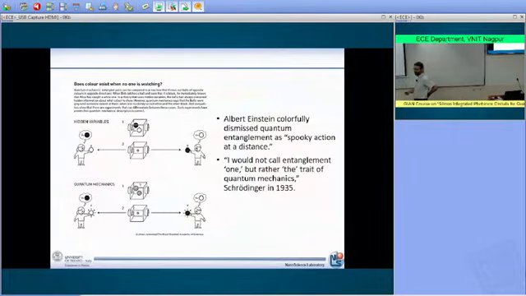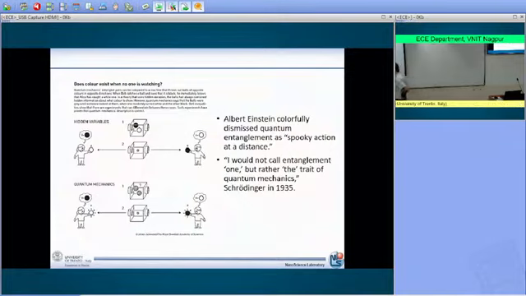So the state of the photon is predetermined, already intrinsic in the source. Quantum mechanics, on the other hand, is saying that each single photon is in a superposition of two states, the red and the blue. And therefore, in the source, the photons are both red and blue.